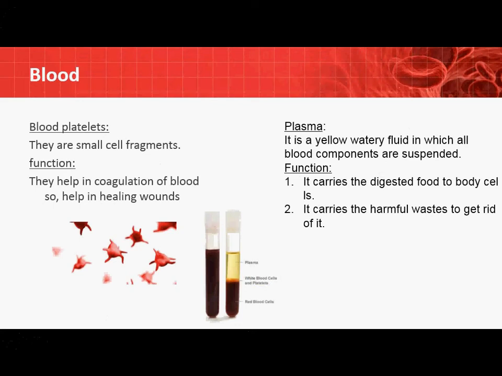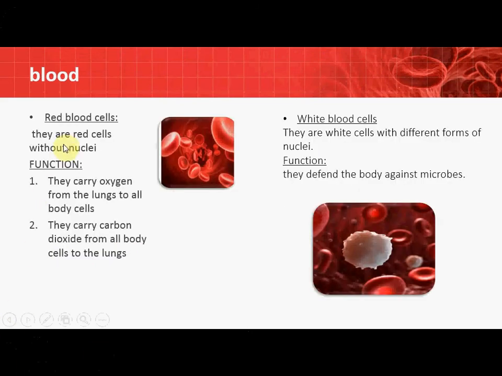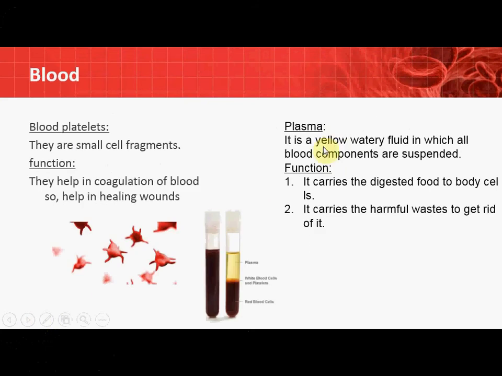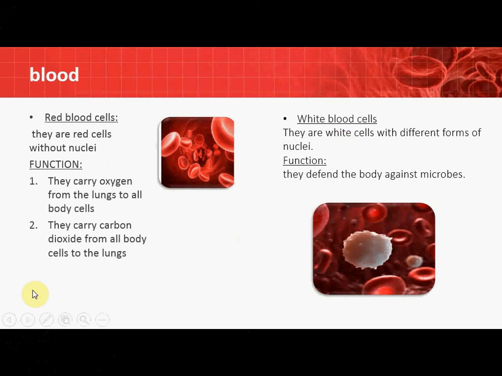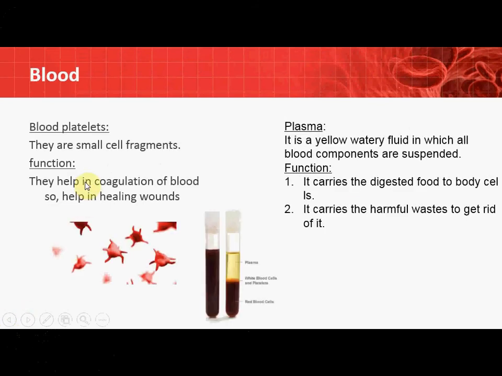What is the function of blood? Two functions: transport and protection. Transport by RBCs and plasma, protection by white blood cells and platelets.